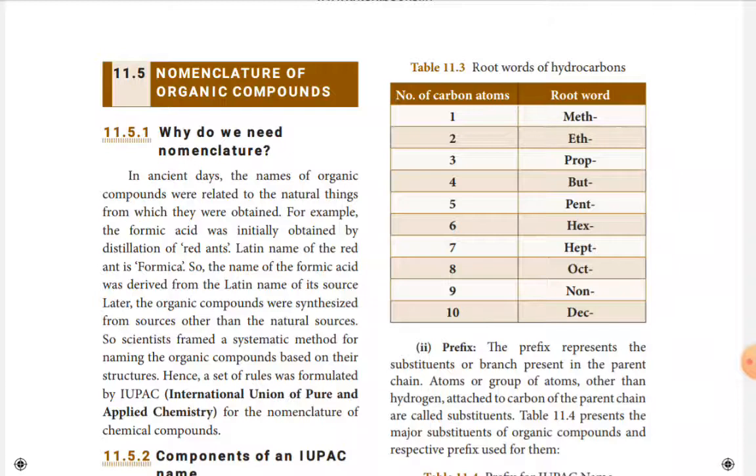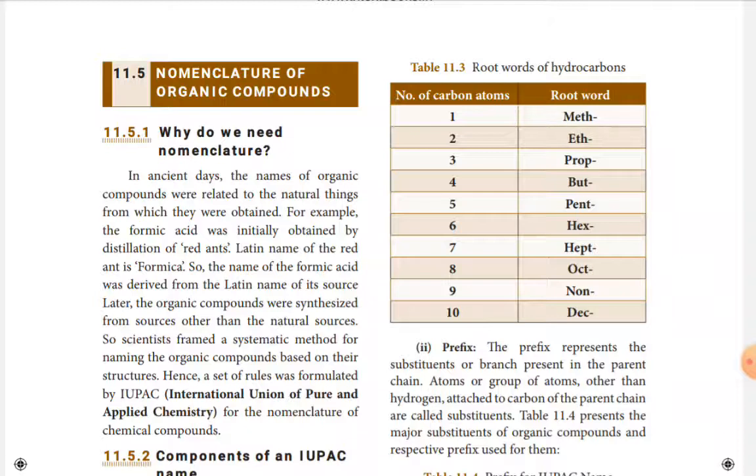But after that, many compounds were synthesized from sources other than natural sources. Artificially, chemists tried to prepare the organic compounds. So scientists framed a systematic method of naming the compound based on the structure of the compound, and a set of rules was formulated by IUPAC. The expansion of IUPAC is International Union of Pure and Applied Chemistry.